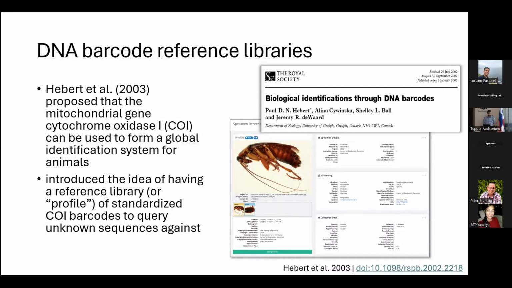CO1, like we've discussed this morning, was proposed as an identification system for animals. This paper introduced the idea of having a reference library, which they called a profile of standardized CO1 barcodes, to query against with unknown sequences.